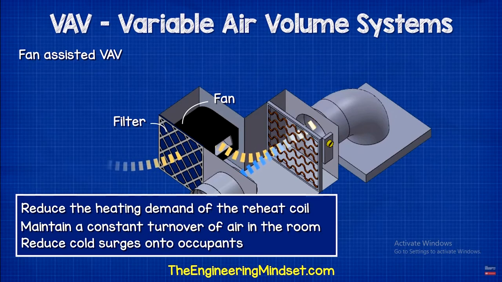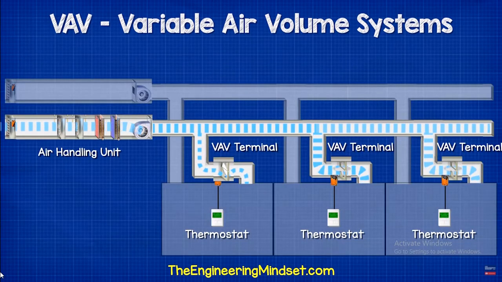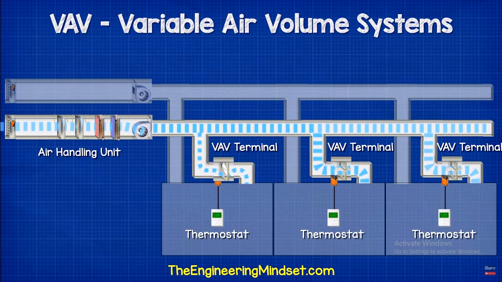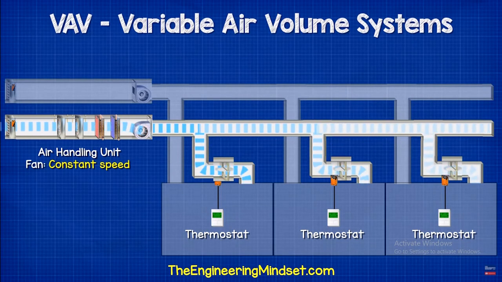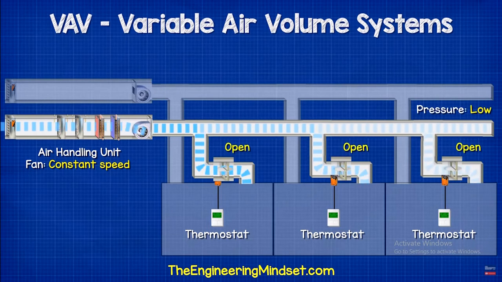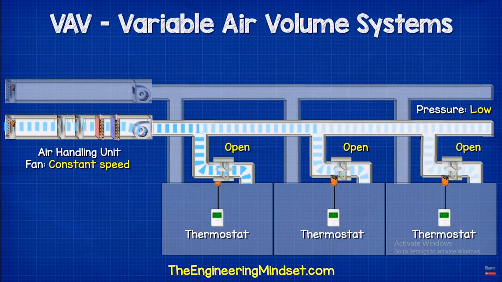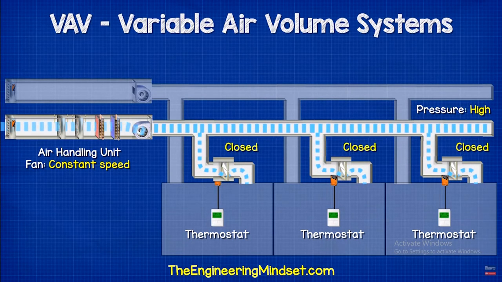So, what we need to do is fit a pressure sensor towards the furthest point of the ductwork. This pressure sensor is connected to the VFD, detecting the pressure at the furthest point in the system. We choose this point because it has the largest pressure drop of the entire system due to the frictional losses in the ductwork. We determine the minimum allowable pressure at this point. Basically, this is the pressure that the furthest VAV terminal can sufficiently operate at.